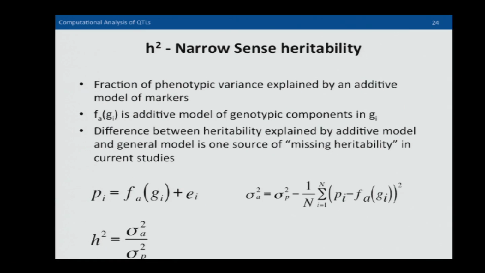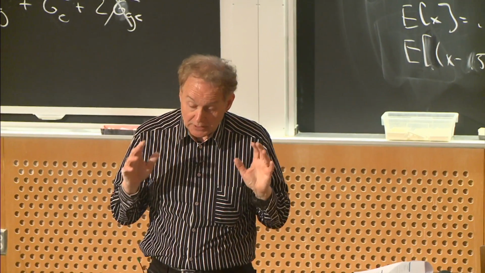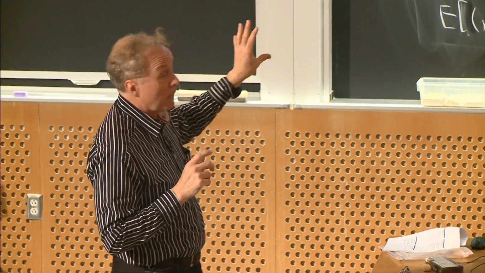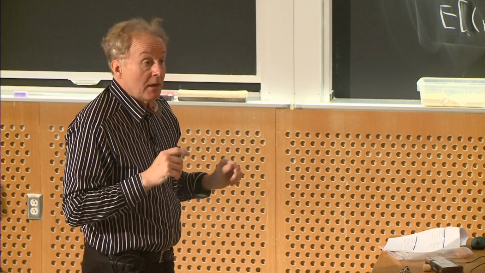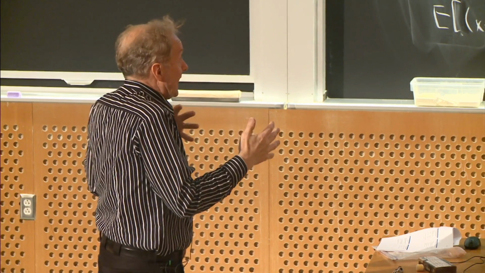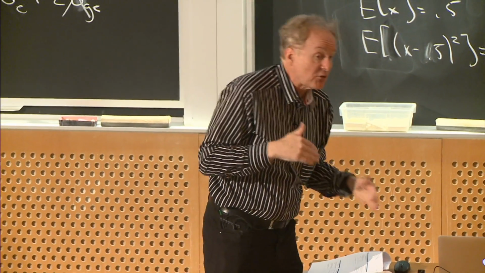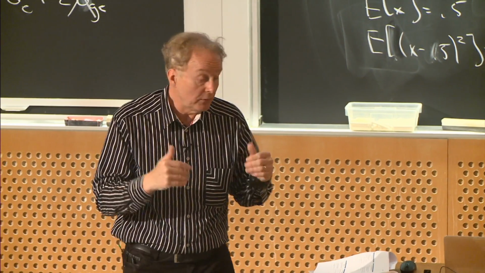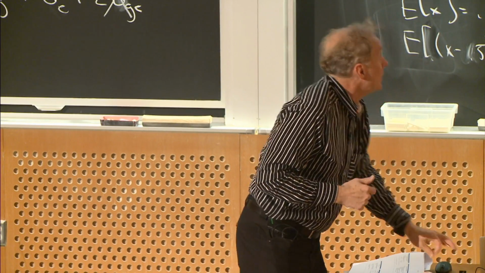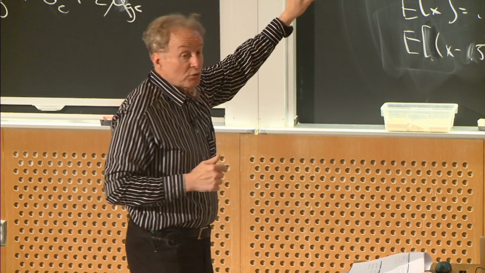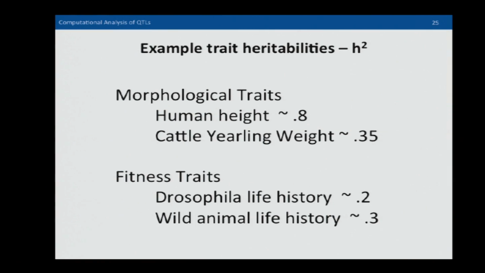Some typical values for theoretical h squared. So this is not measured h squared in terms of building a model and testing it like this. But what we can do is we can theoretically estimate what h squared should be by looking at the fraction of identity between individuals. Morphological traits tend to have higher h squared than fitness traits. So human height has a little h squared of about 0.8.